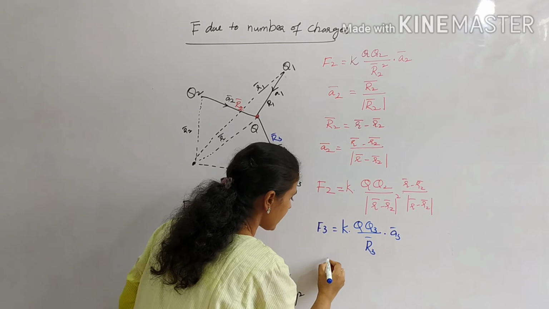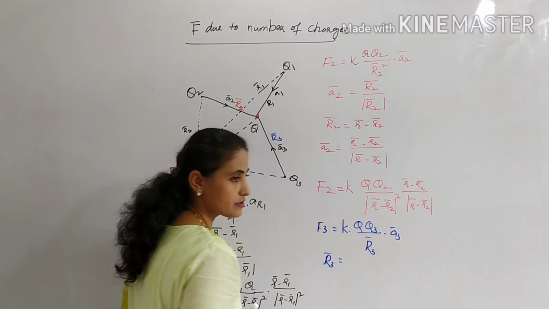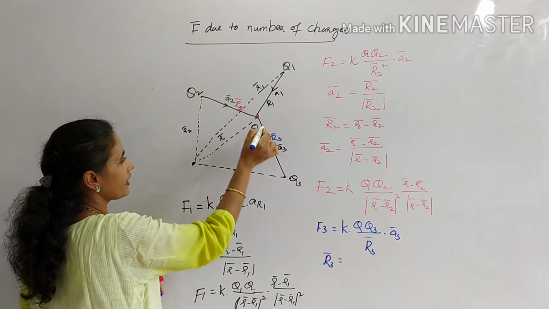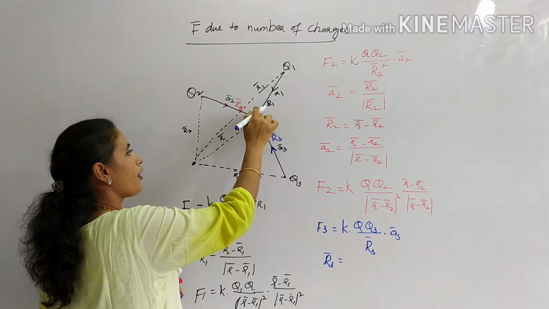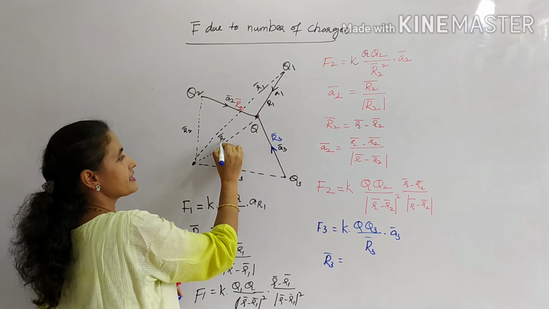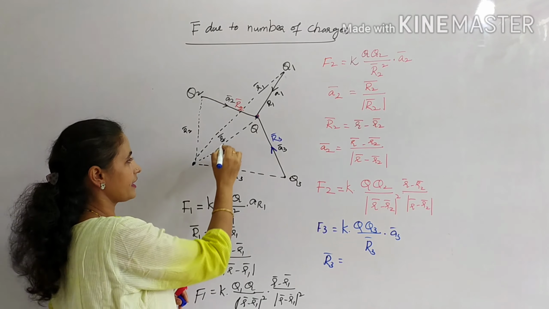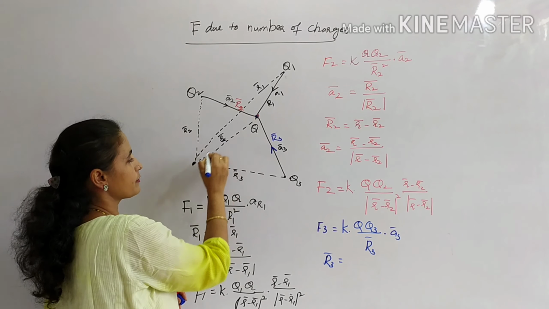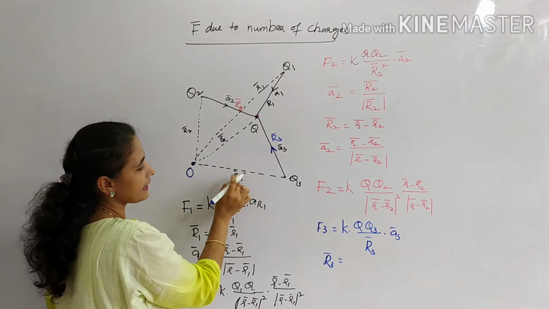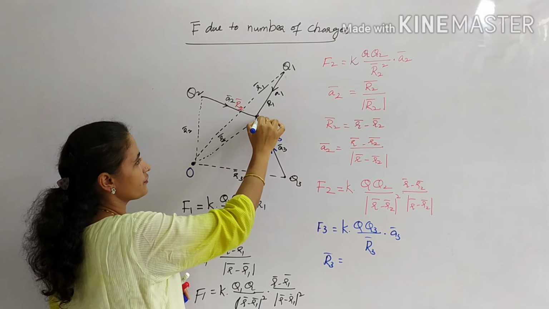Now we will find this R3 bar. It is from this point to this point. This point is at a vector distance of R bar from the origin, and this one is at a vector distance of R3 bar.